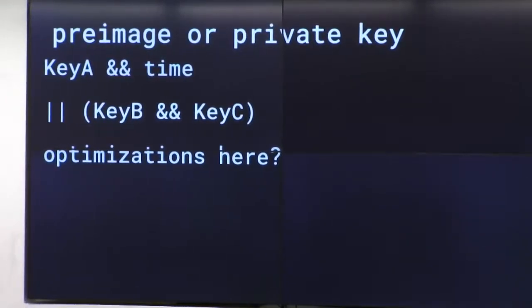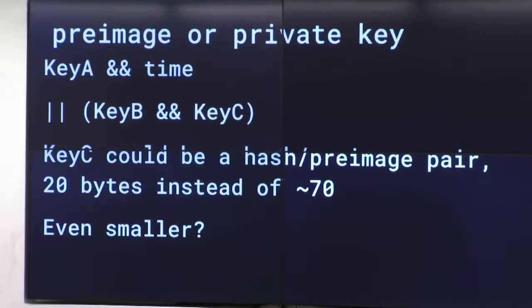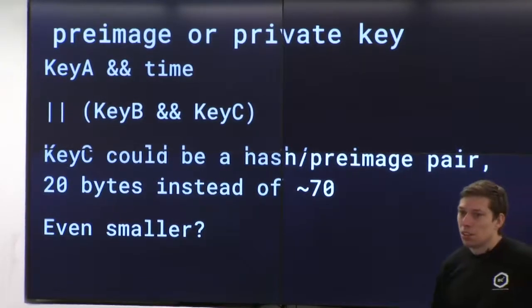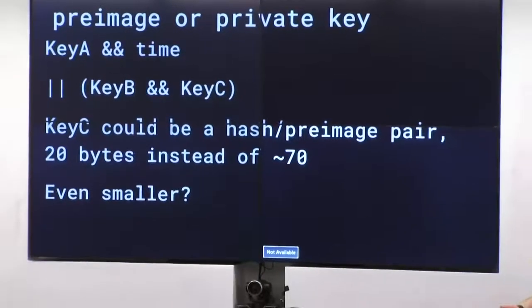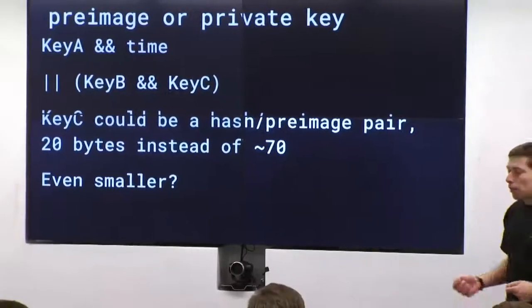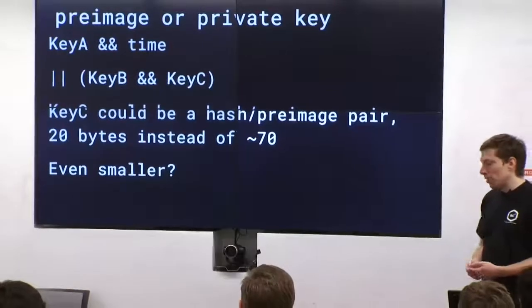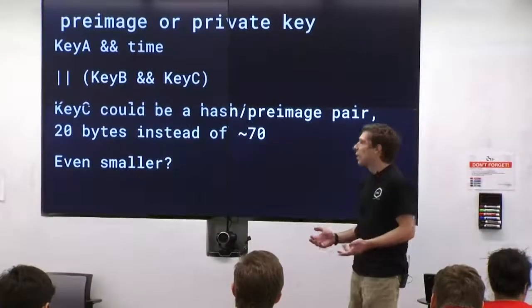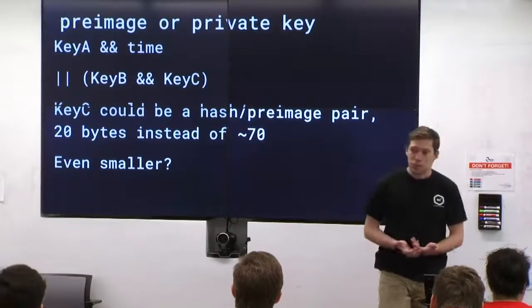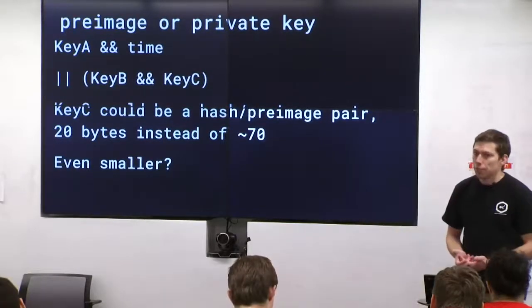So what are some optimizations here? The revealing part, any way to make that smaller, more efficient? So one idea is use a preimage instead of a signature, right? You're just revealing something. You're not actually committing to any data. So when Bob reveals his secret, he could just say, here's a preimage. And instead of like 70 bytes for a signature, you get down to like 20 bytes for a hash and a preimage, right?